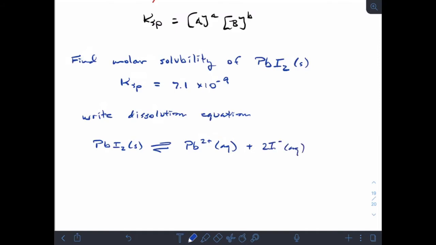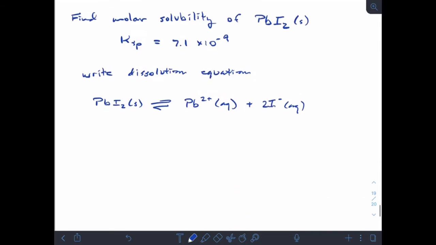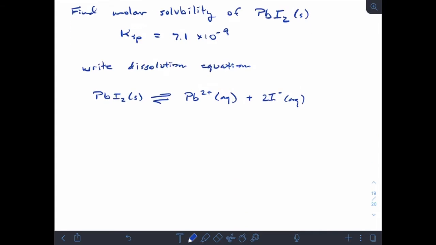Right? A balanced equation is super important, okay, because now we're going to take a look at an ice table for this. Okay, so if I don't have a balanced equation, then my multiplying x won't work out, and I need it to. Right? So since solids don't go in our K expression, the solid is not going to take any part.